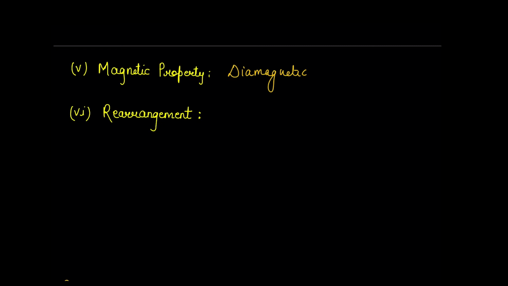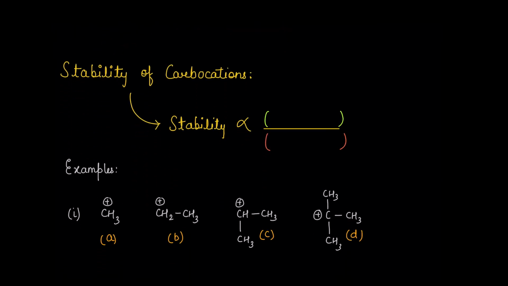Talking about rearrangements, rearrangement is possible in carbocations. It is one of the most important sections when we study carbocations, because usually questions are asked from rearrangement of carbocations. And one more important topic is the stability of carbocations, very important.